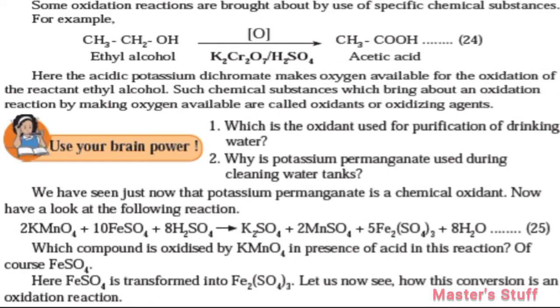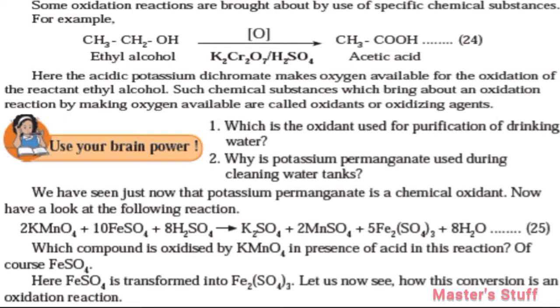Some oxidation reactions are brought about by use of specific chemical substances. For example, ethyl alcohol, CH3CH2OH, in presence of nascent oxygen and K2Cr2O7 or H2SO4 gives CH3COOH, that is acetic acid.